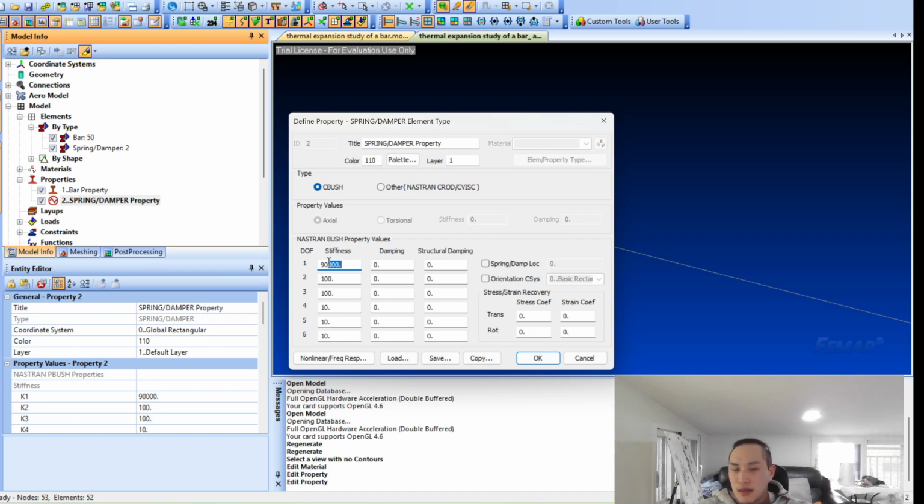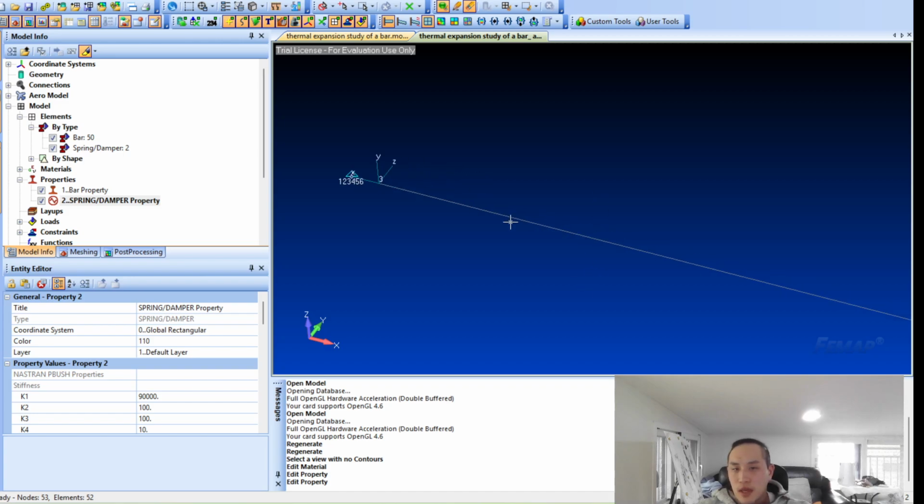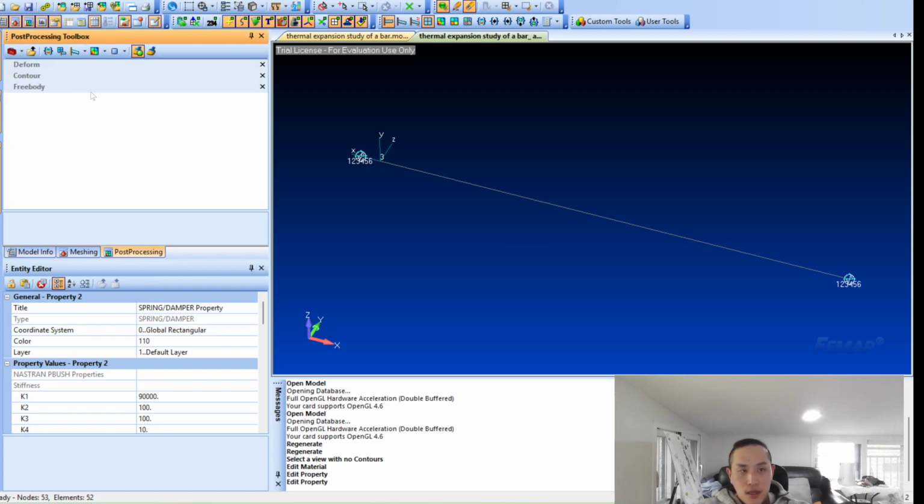I did not calculate this from any kind of equation or anything like that. And I set everything else to a low value because I just want to have stiffness, basically springs in parallel, right? And so if I did that, what do you think the internal force of the bar would be? So let's take a look.